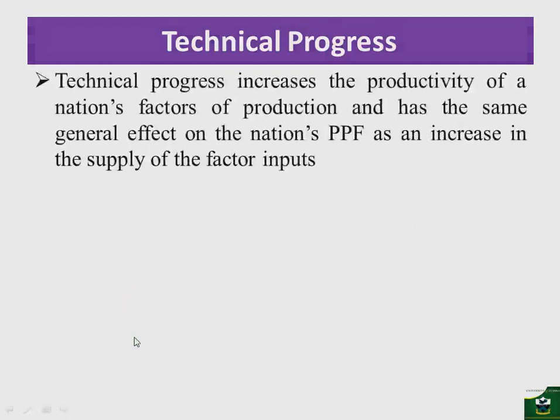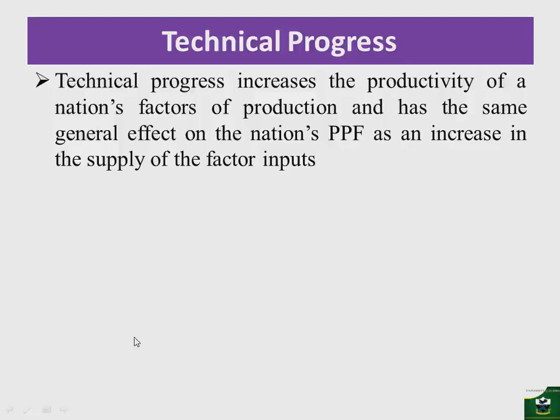So technical progress increases the productivity of a nation's factors of production and has the same general effect on the nation's production possibility frontier as an increase in the supply of the factor inputs. Remember that when we looked at the production possibility frontier, we assumed that technology was fixed.